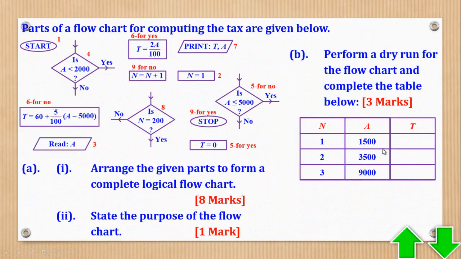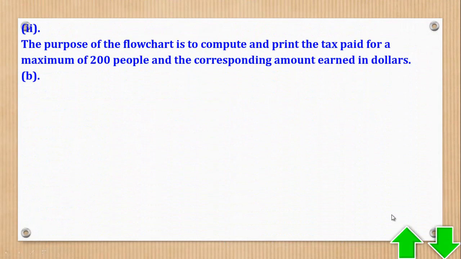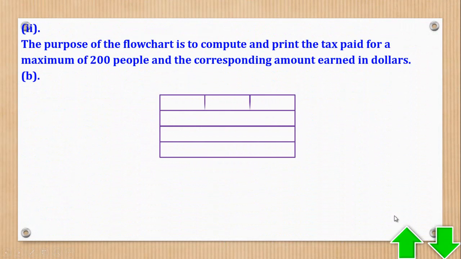Part B, they gave us this table and you have to complete it. Now because it's an exam, you have to redraw this table in your answer booklet. So I'll come here and first redraw it. Okay, then I'll start. When n is 1, a is 1,500.